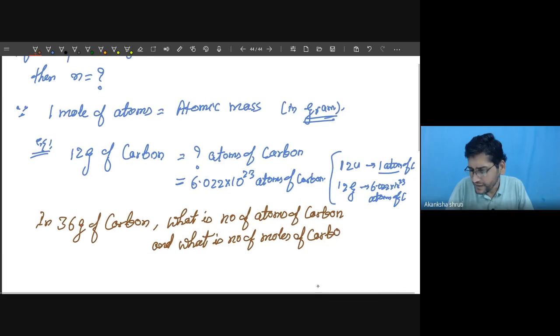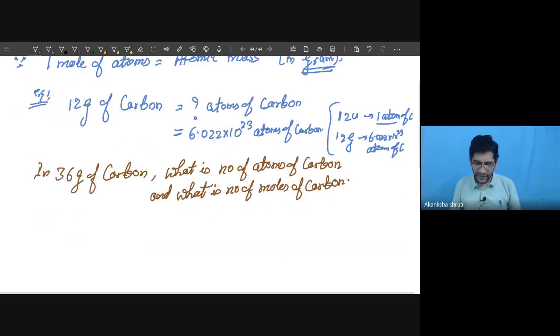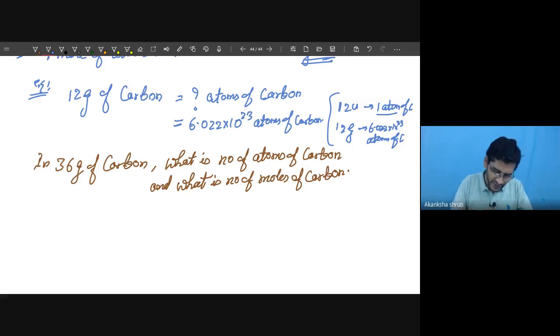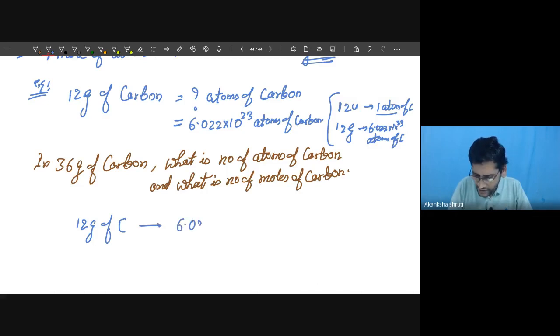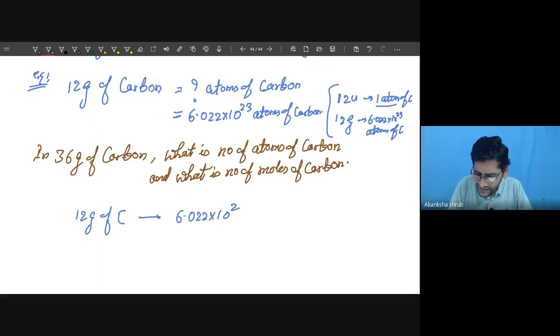These two things we have to understand. A student, remember it: if we are considering 12 gram of carbon, it contains 6.022 into 10 to the power 23 atoms of carbon. Is it okay?